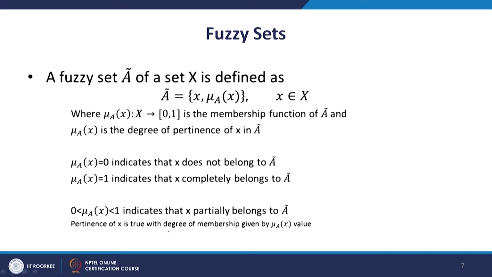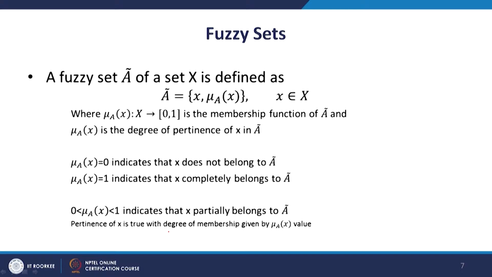You can also see how the mapping happens. For this particular function mu A of x, the elements from the set capital X are mapped to the range 0 to 1. This mu A is referred to as the membership function of A tilde, as we have talked about.